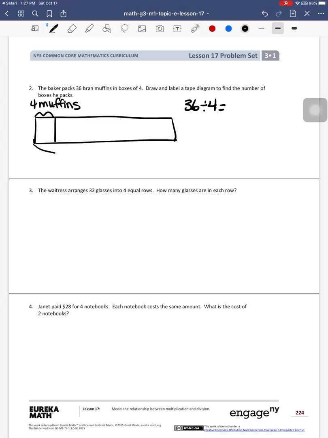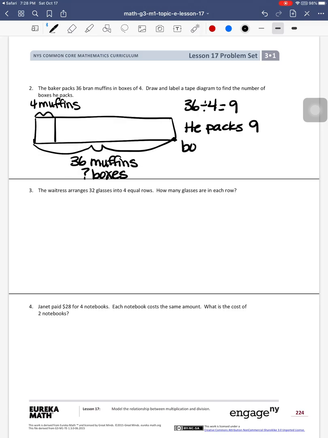We just don't know how many total boxes. So I can write 36 muffins total. And I can write question mark boxes because we don't know how many boxes we have. But if we do 36 divided by 4, we do know that equals 9. So we can say he packs 9 boxes of muffins.